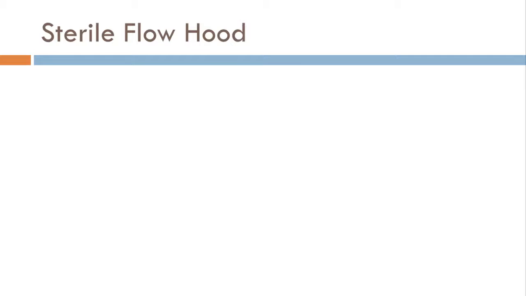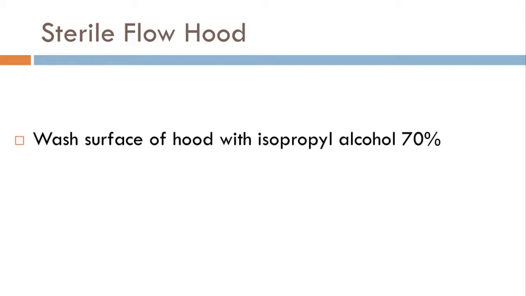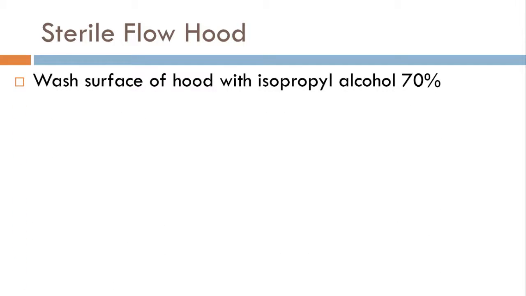A sterile flow hood. Whenever you're using aseptic technique to put together an IV preparation or any other type of sterile product, it's good to be able to work in a sterile flow hood. What you'll want to do is wash the surface of the hood with isopropyl alcohol. Now, what I mean by a hood is your hands are actually going to be in basically a box.